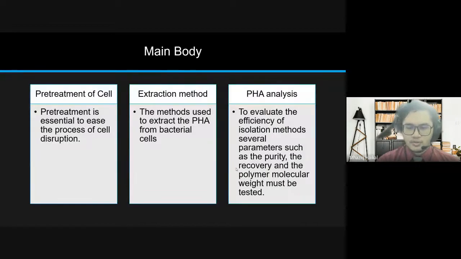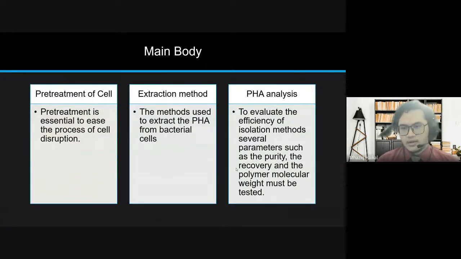Now this is the main body of the presentation. We will slightly touch on pre-treatment of cells, which we use to ease the process of cell disruption, to make it easier for us to extract the bacterial PHA. Then we will talk about a few of the extraction methods in this research, which are used to extract the PHA from the bacterial cells.